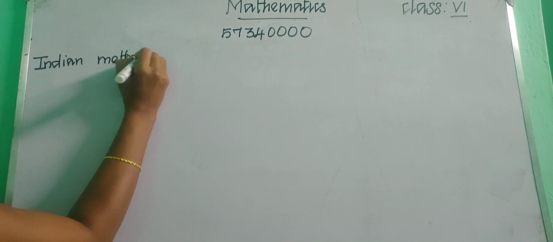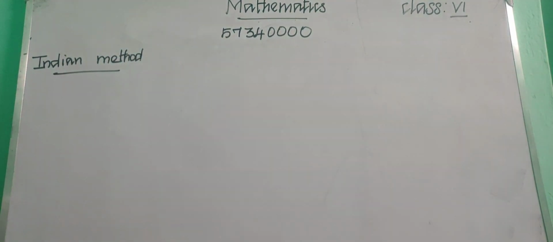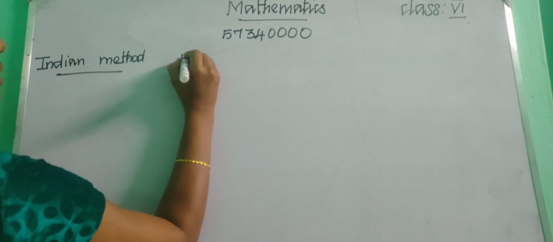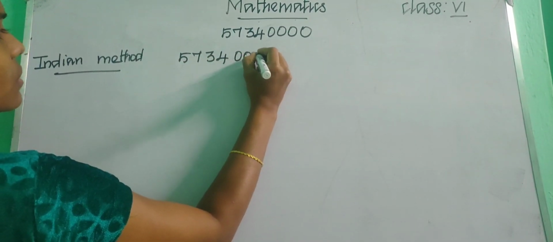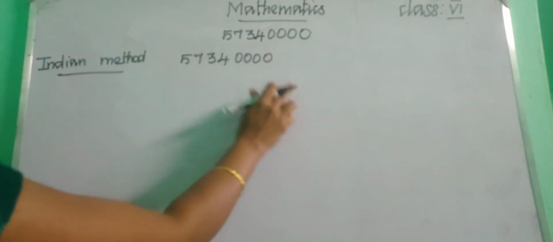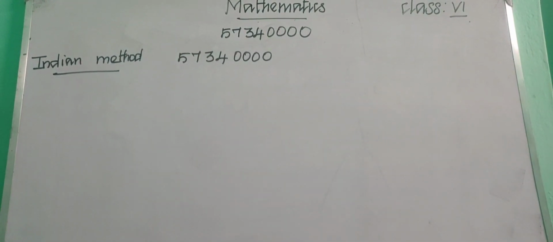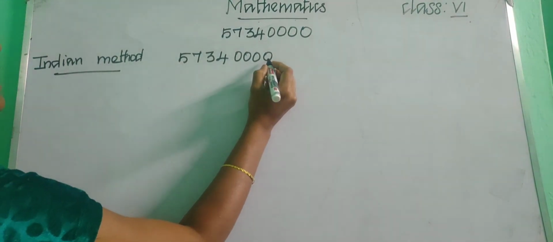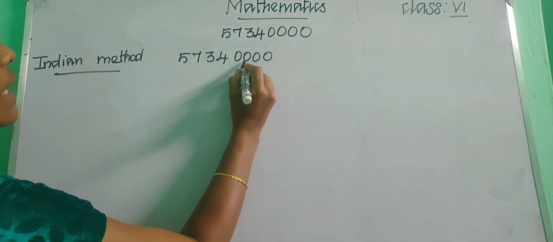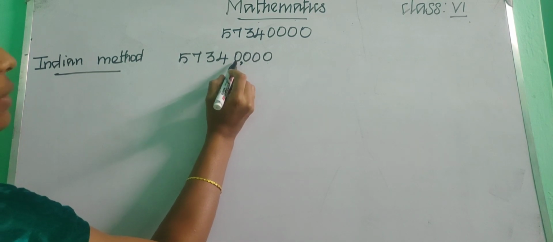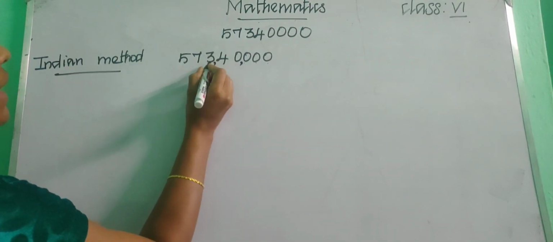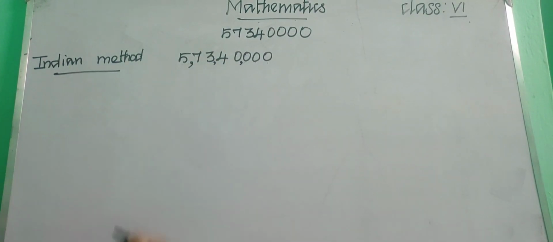In the Indian method, first of all we need to put commas, right? We have the numeral 5, 7, 3, 4, 0, 0, 0, 0. In the Indian method we count from right to left: 3 digits, then put a comma, and again count 2 digits and put a comma, then count 2 digits and put a comma.